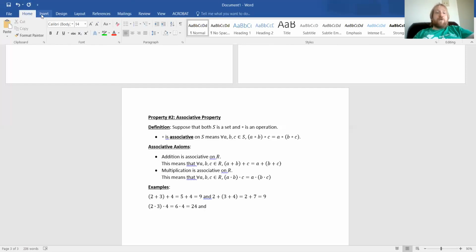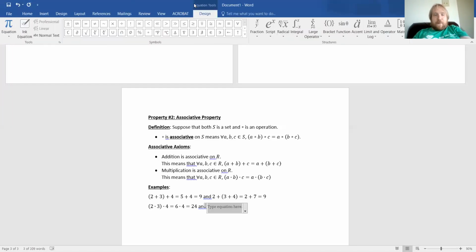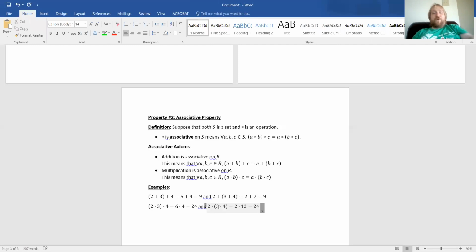But if I did this the other way, 2 times the quantity 3 times 4, well, we do the 3 and the 4 first. 3 times 4 is 12. So we get 2 times 12, which is 24 as well. So notice again, we get the same thing, whether we parenthesize the 2 and the 3 together and then multiply by 4, or whether we parenthesize the 3 and the 4 together and then multiply by 2.